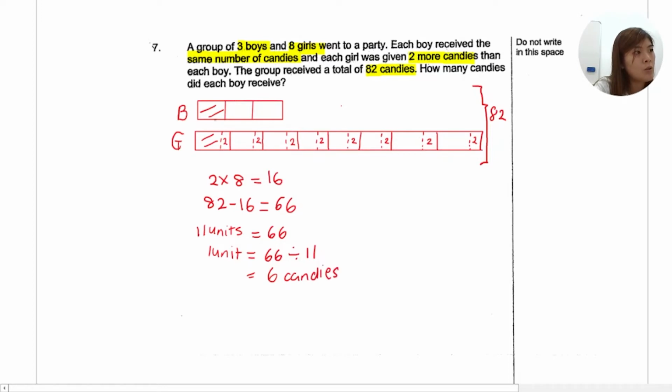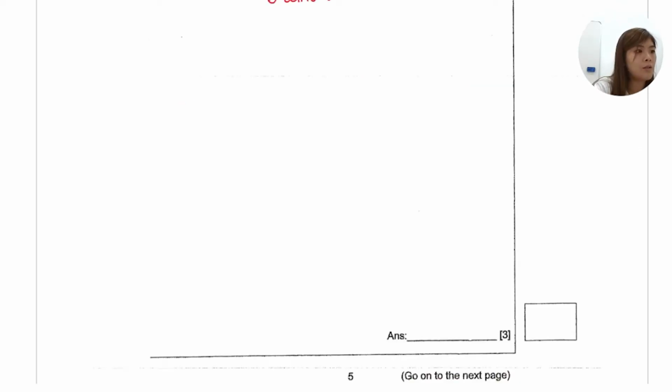They ask how many candies did each boy receive. Each boy has 1 unit only, so each boy received 6 candies. The final answer here would be 6 candies.